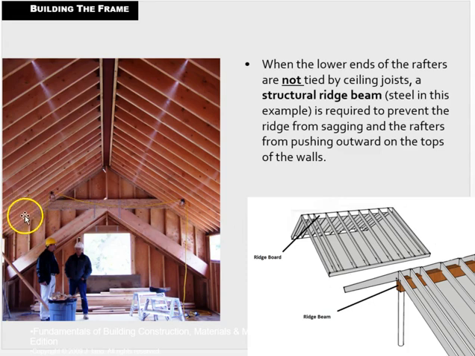So now these rafters would completely push out those walls, and this board would not be doing anything. But if we provide a beam up there and some fastening, now the beam is holding the rafters to it and not allowing them to put excessive outward thrust on these walls.